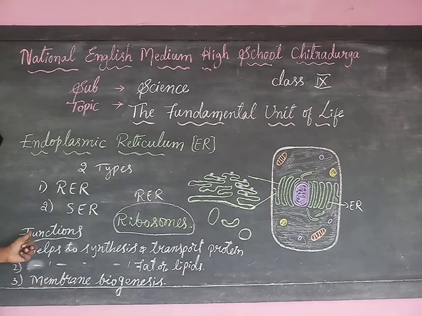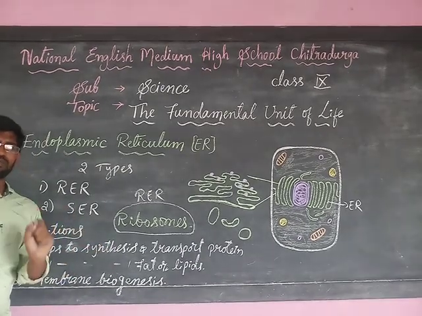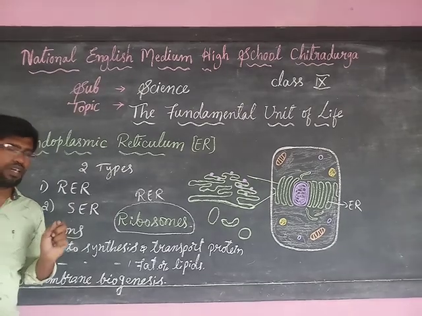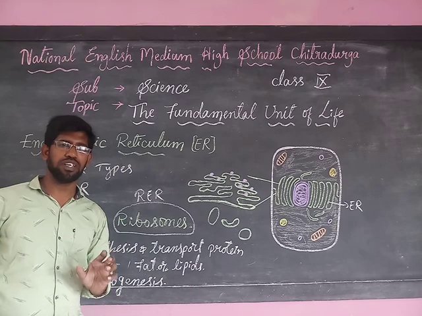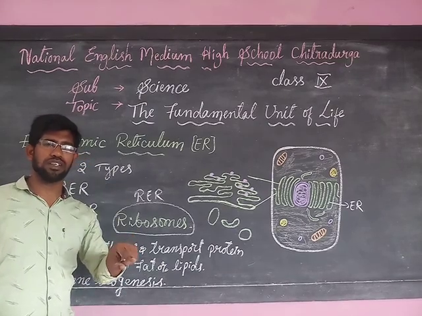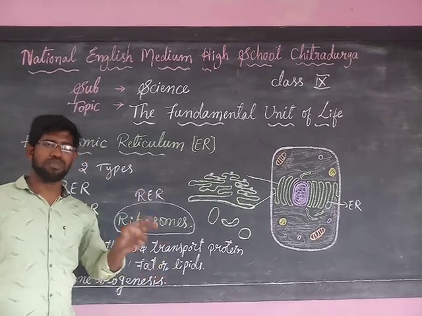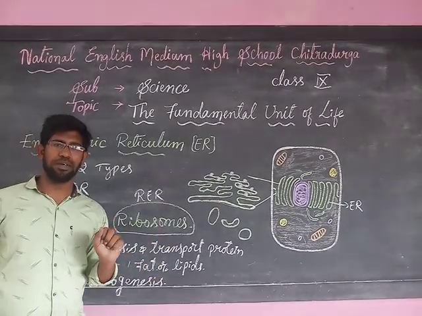Understood? Next, not only does it help to synthesize protein, but the smooth endoplasmic reticulum also helps to synthesize the fats or lipids, which are very important to transport materials. So the rough endoplasmic reticulum helps to synthesize protein, and the smooth endoplasmic reticulum helps to synthesize fat or lipids.